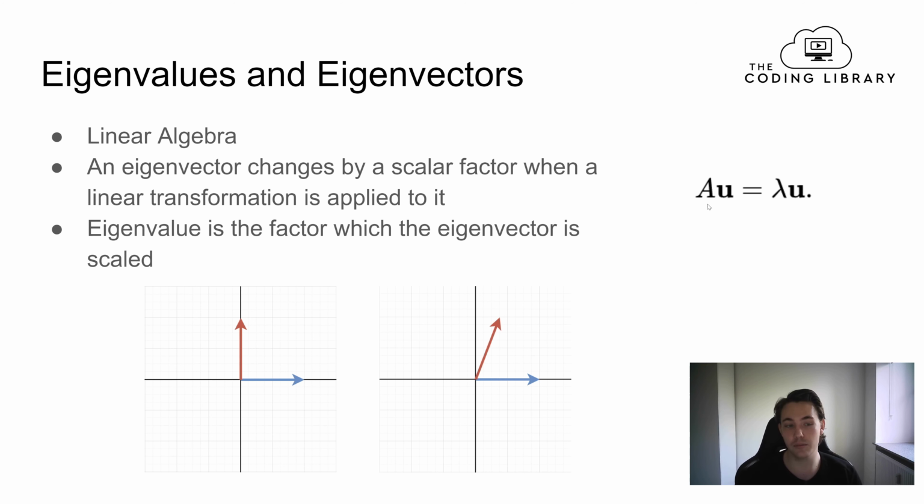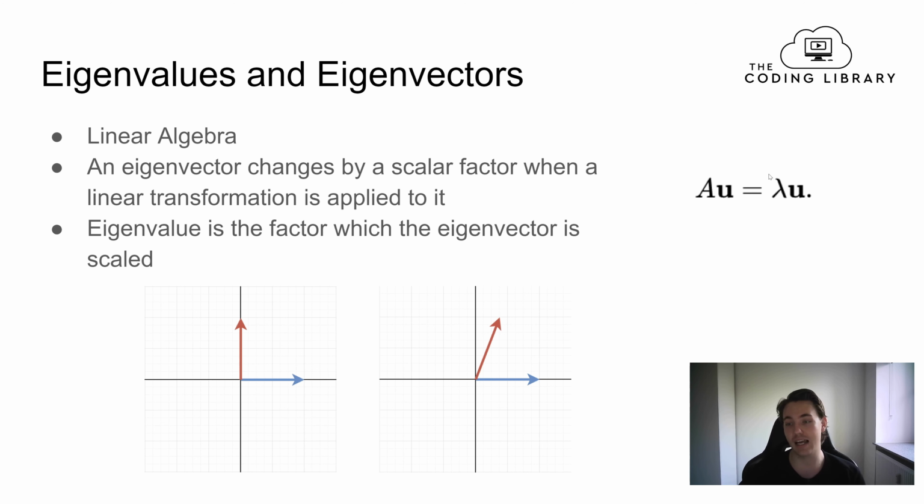Over here to the right, we have an eigenvector with our input, and it changes by a scaling factor, which is the eigenvalue, when we apply a linear transformation, which is a matrix that we apply to a vector. The eigenvalue is the actual factor by which the eigenvector is scaled.